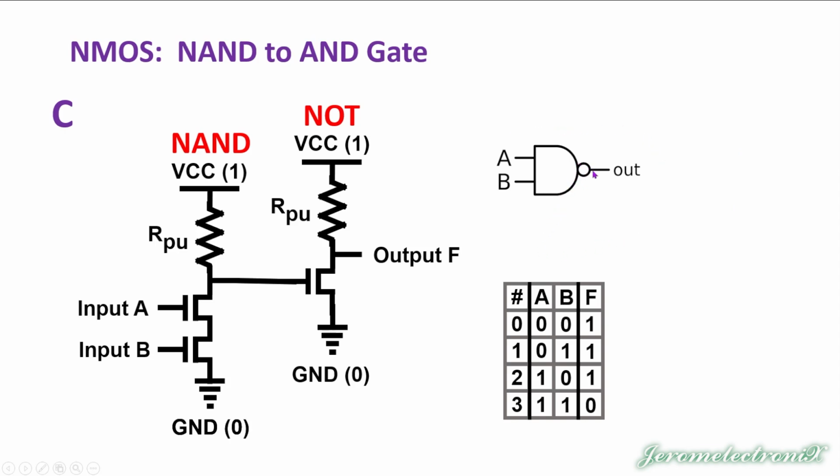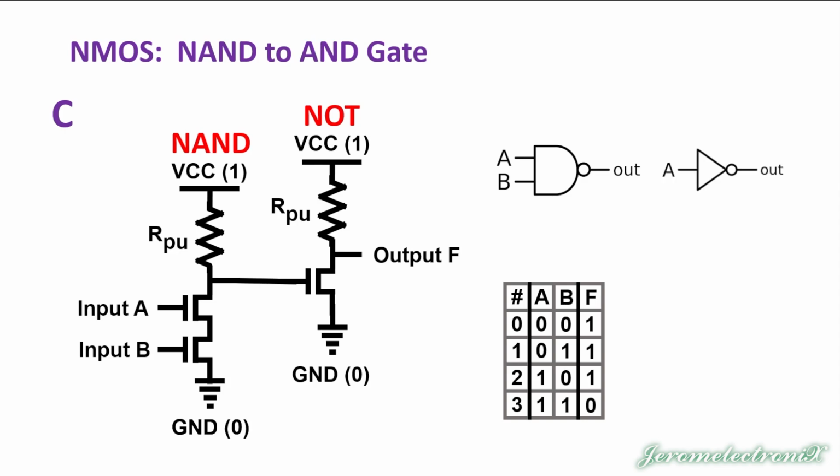You've got a bubble on the outside of that gate. If we can cancel that bubble out with a NOT gate, then it will be an AND gate. One thing that you should realize from this is that the NAND gate requires 2 transistors, where an AND gate requires 3 transistors.